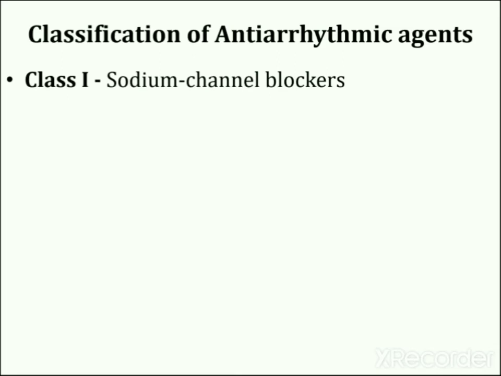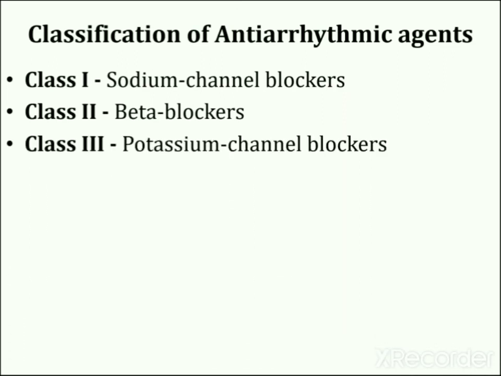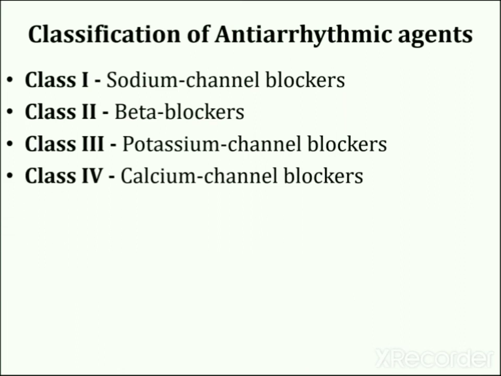Classification of antiarrhythmic agents. Antiarrhythmic agents are classified into four main classes. Class 1 includes sodium channel blockers, Class 2 beta blockers, Class 3 potassium channel blockers, and Class 4 calcium channel blockers.